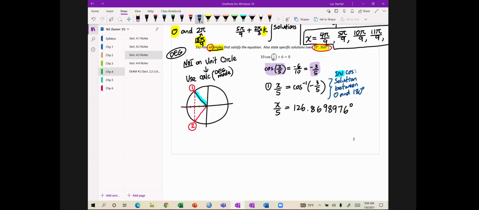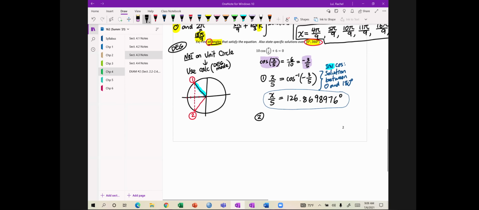Okay, so this is going to be number 1. Number 2. Okay. So Stephanie, going back to section 4.2, which is part of our exam 2 coverage, after we get the first solution for a cosine equation, how do we get the second solution using the symmetry?